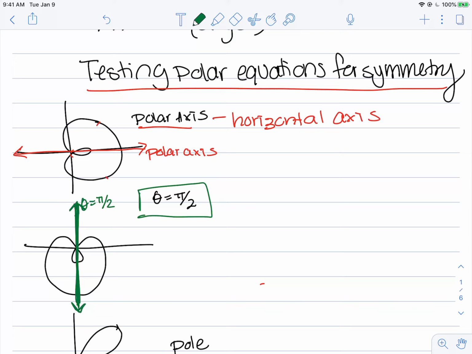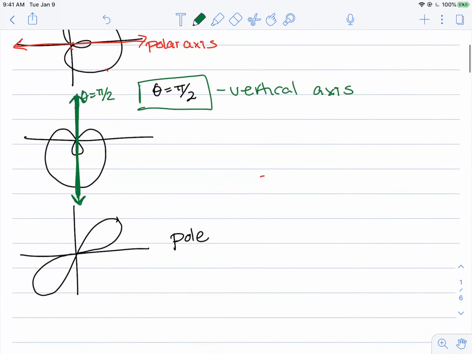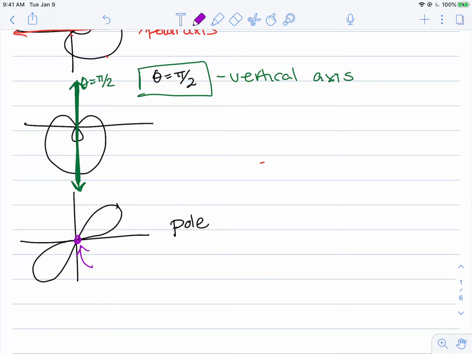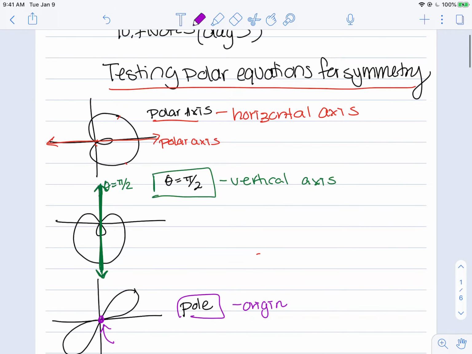That's the line theta equals pi over 2. Okay, that's your vertical axis symmetry. And we've talked about symmetry with respect to the pole. The pole is the origin. Okay, so these are the 3 types of symmetry.